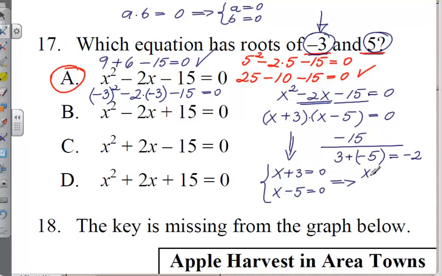If x plus 3 equals 0, take away 3 from both sides, and you find that your x1 is -3, right? And if x minus 5 equals 0, you add 5 to both sides, and you find that the second solution, x2, equals 5. This is another way in which you can solve this problem and definitely say that yes, A is the right answer, and you should move on to the next problem. Questions?